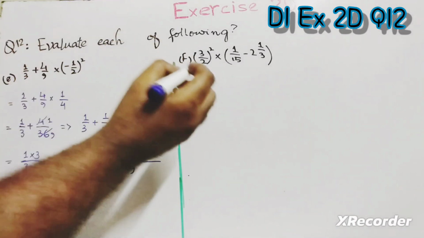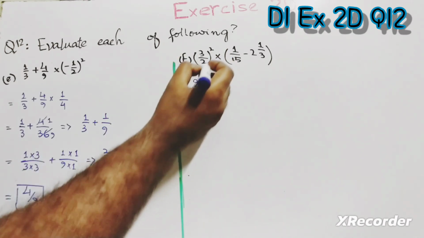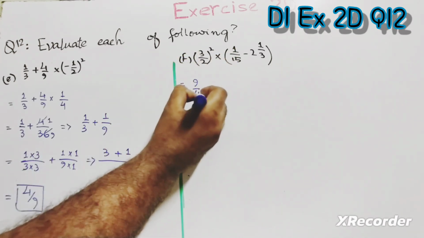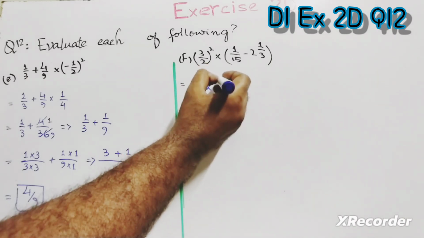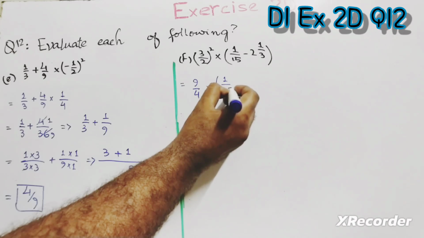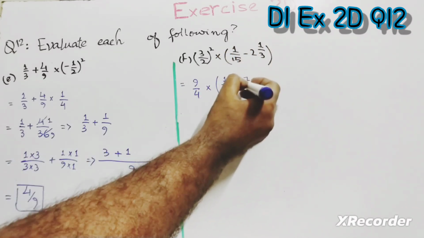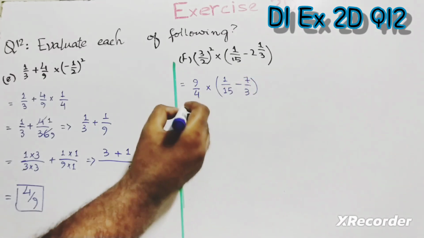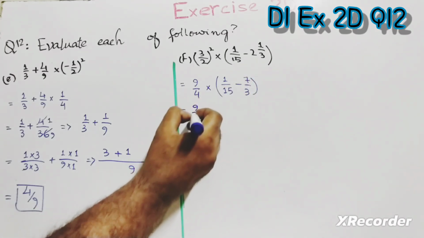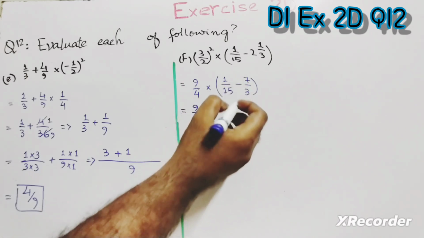Now from the last part, square of 3 is 9, square of 2 is 4, multiply with bracket open 1 upon 15 plus 2 times 3 is 6 plus 1 is 7, 7 upon 3, 9 upon 4. When we take the LCM of 15 and 3, we get the LCM of 15.